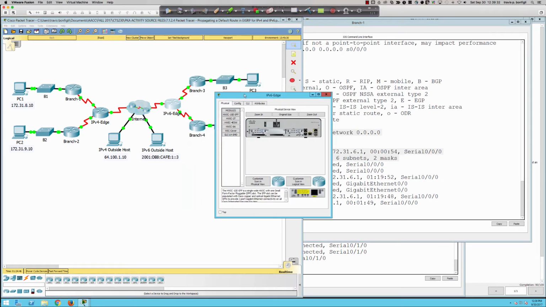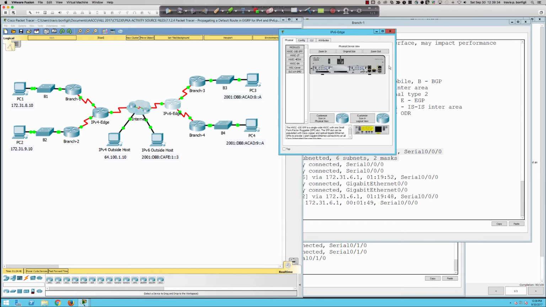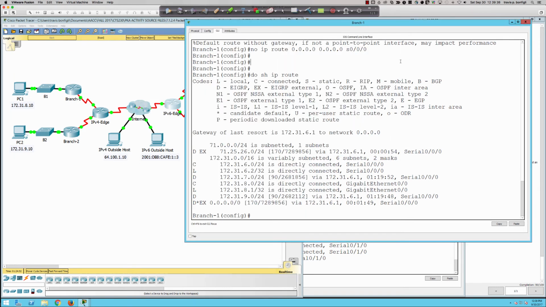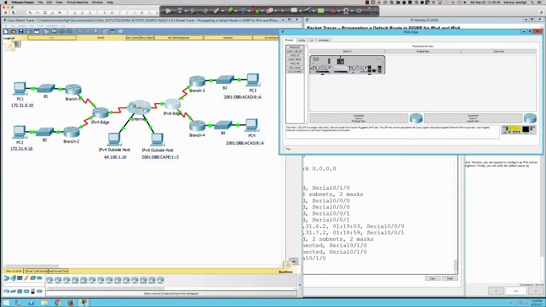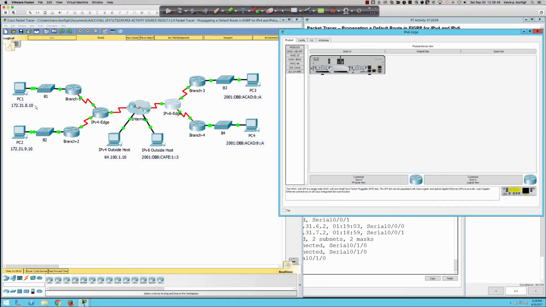Let's transition over here and now take a look at some IPv6 information. And if you're thinking that this is going to be pretty much identical to what we just did, you are probably correct. And actually, I apologize.